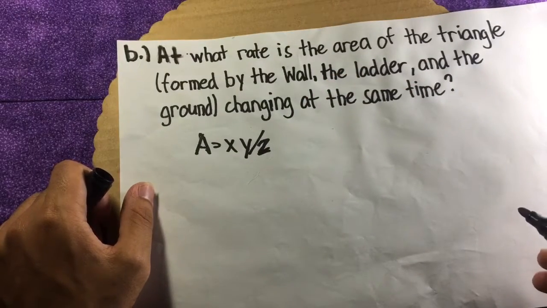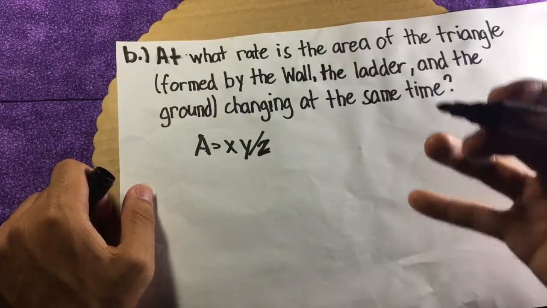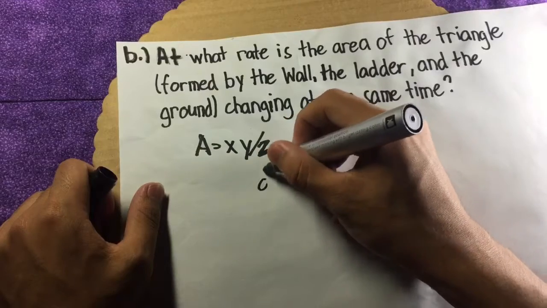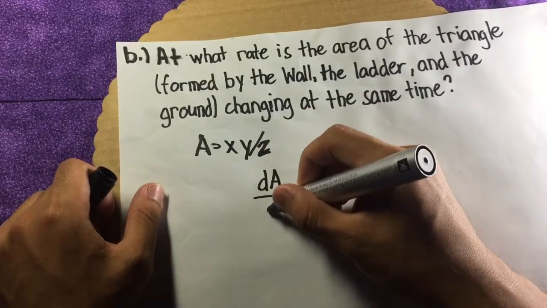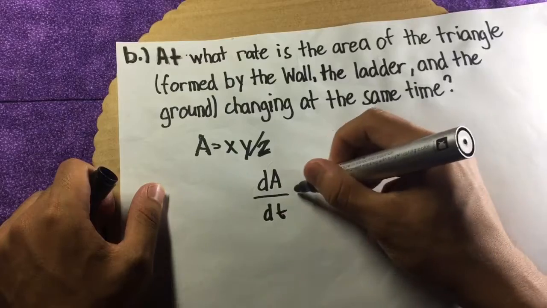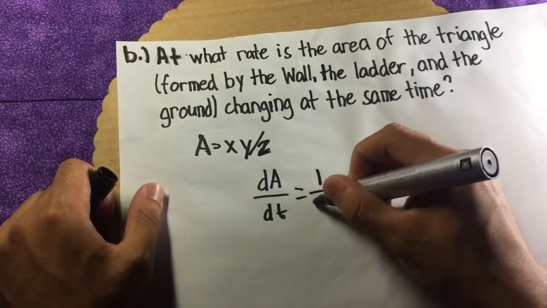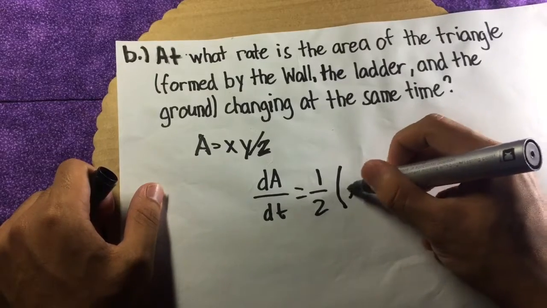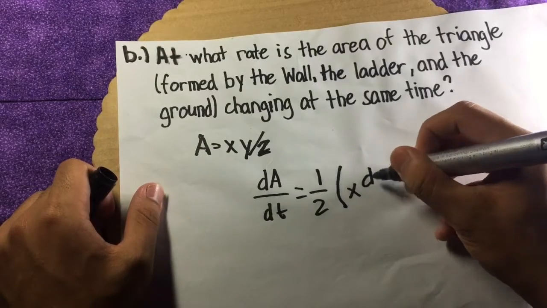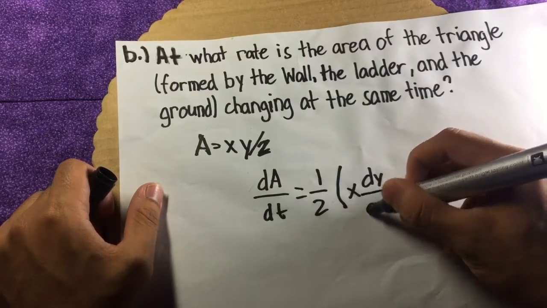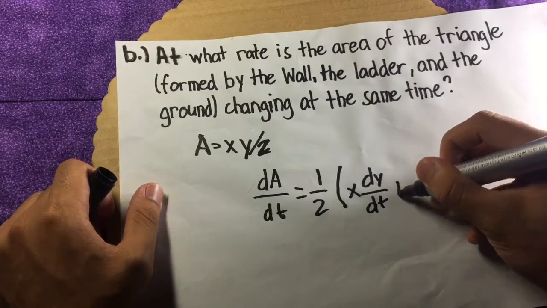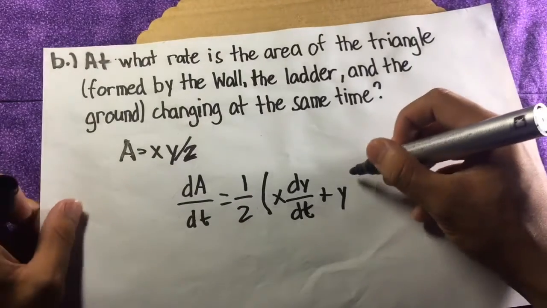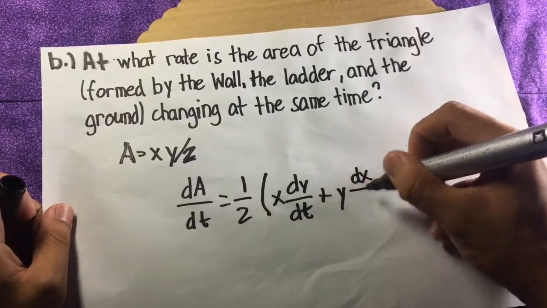So if we implicitly differentiate both sides, this will be dA over dt is equal to 1/2 quantity of x times dy over dt plus y times dx over dt.